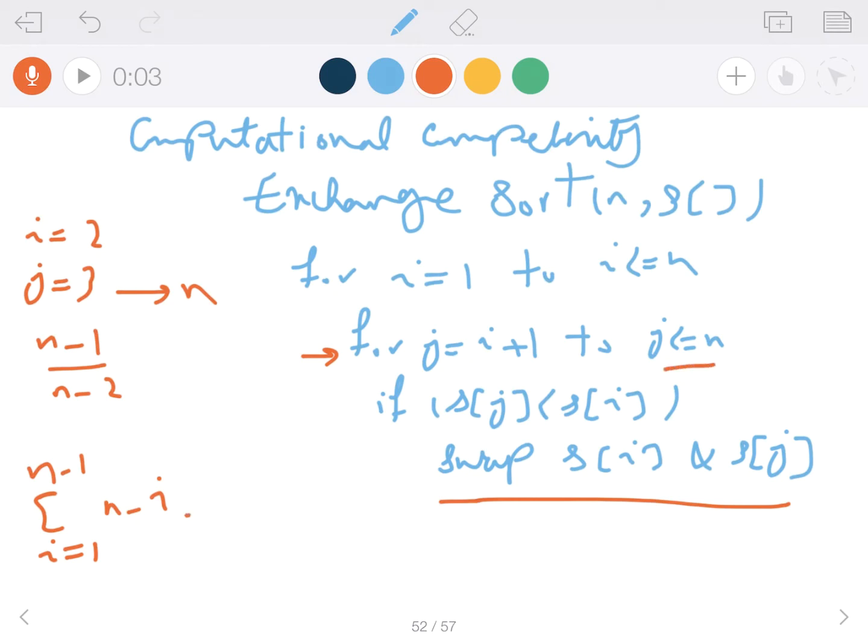This is equal to n multiplied by n minus 1 and divided by 2.